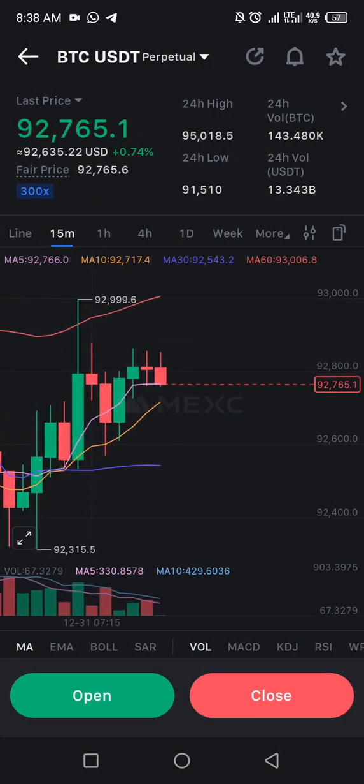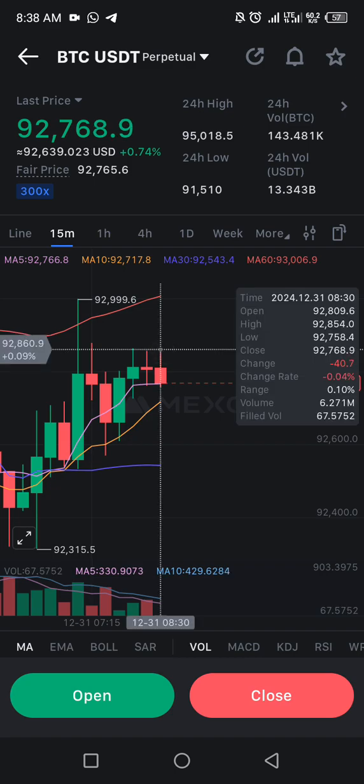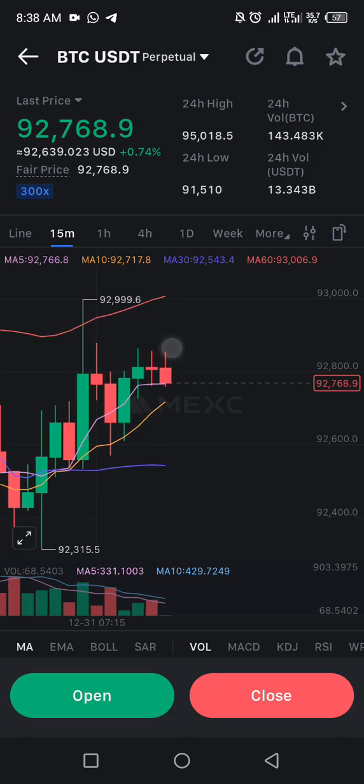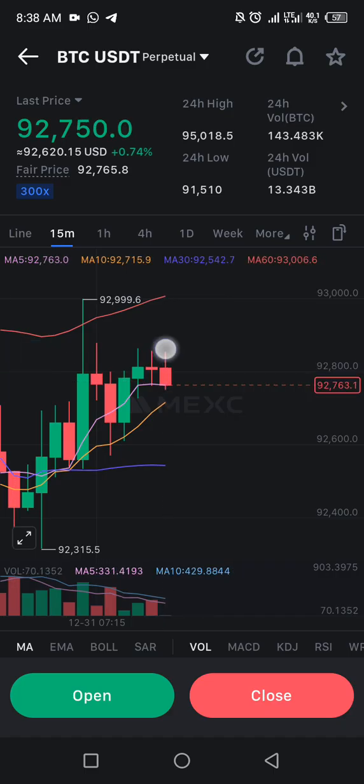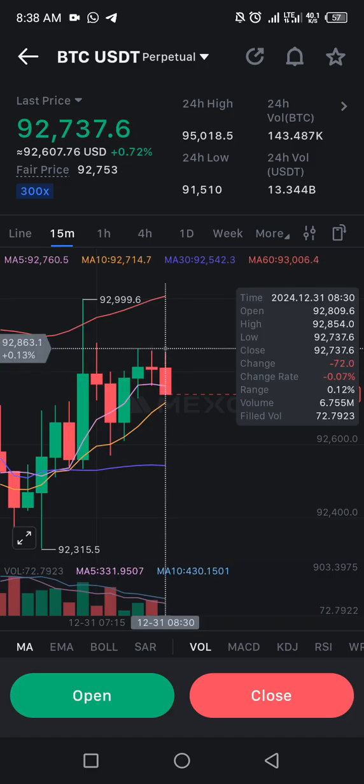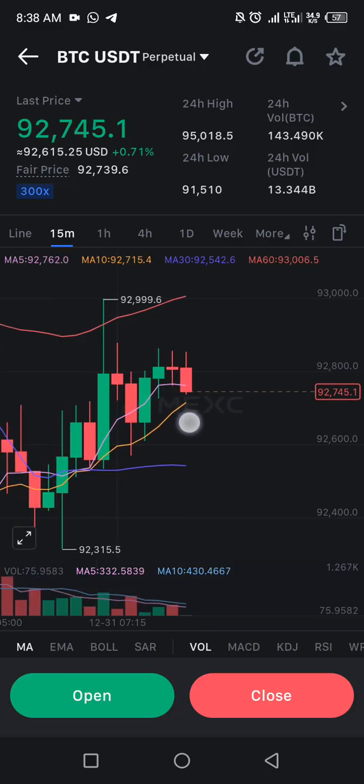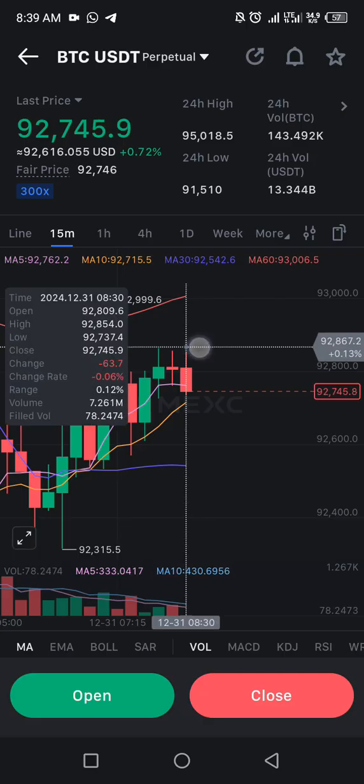Let's say here is a take profit. Where I've put this arrow means that this is 92,863. Let's assume that is a take profit, and we assume that we've entered the trade from this level. We're going to put the take profit here.